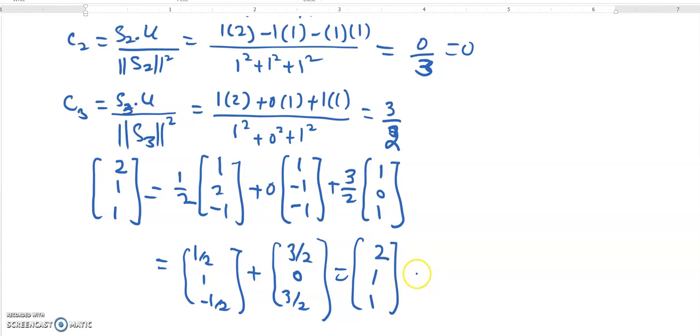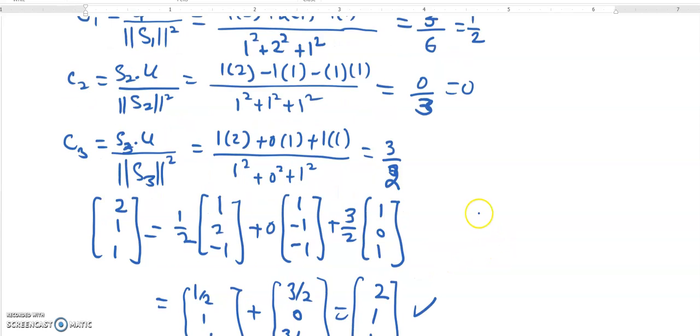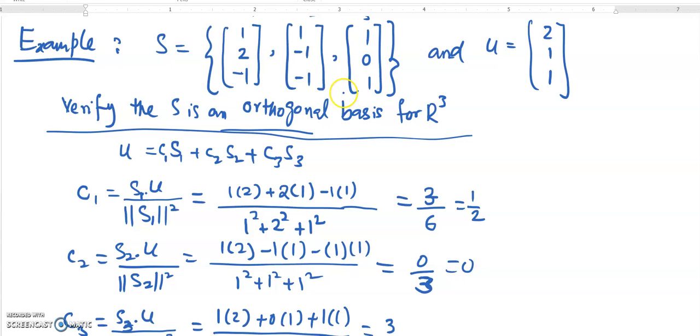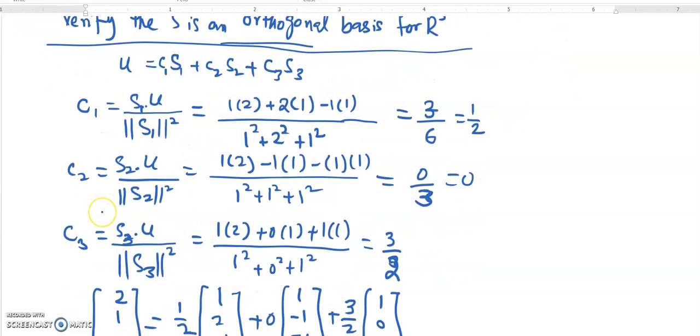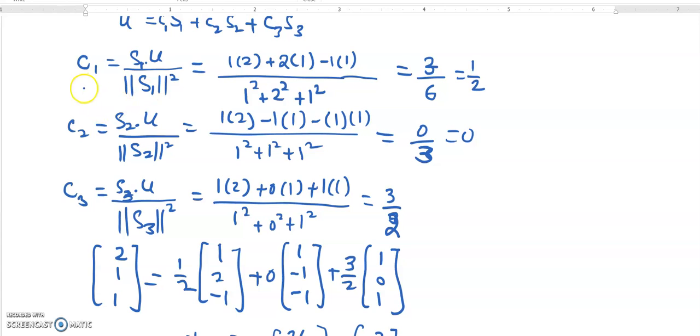This means that we have expressed this vector. So in this way, any set of vectors which are orthogonal can be used to represent some other vector by multiplication with some constants, and these constants can be found very conveniently by these relationships.